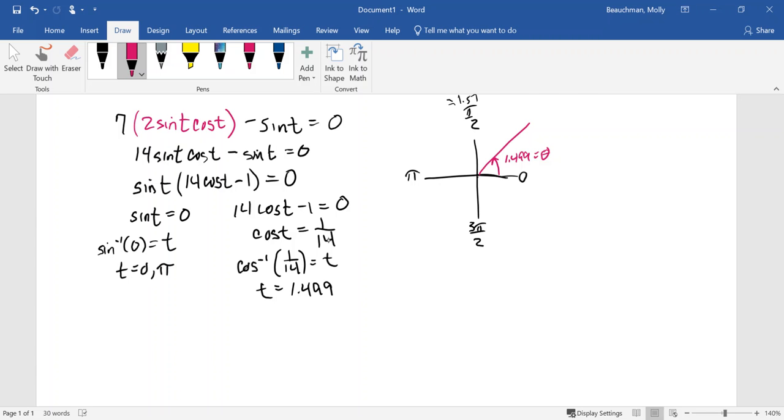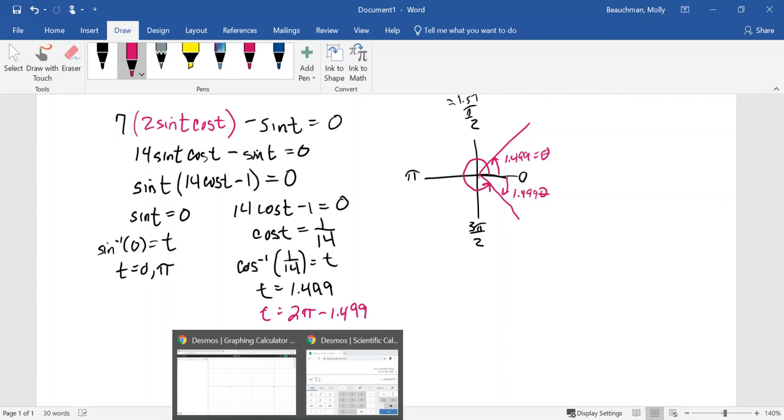The cosine is positive in the first quadrant and the fourth quadrant. So that's a reference angle here for the fourth quadrant, 1.499. So to find the other angle in standard position, from here to here is 2 pi minus 1.499, the other place where your cosine is 1/14.